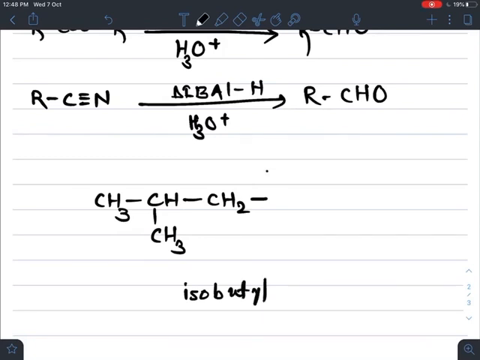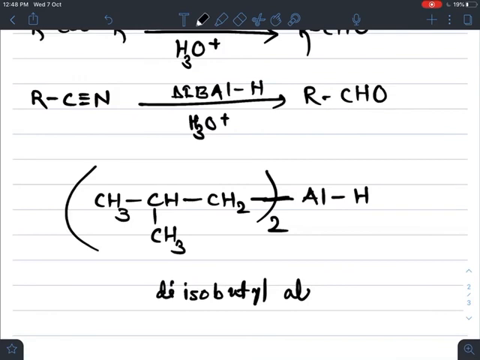Two isobutyl groups are attached to aluminium, the valency of aluminium is 3, and the third valency is completed by hydrogen. So this is diisobutyl aluminum hydride, which is the best reducing agent for the preparation of unsaturated aldehydes from unsaturated nitriles.